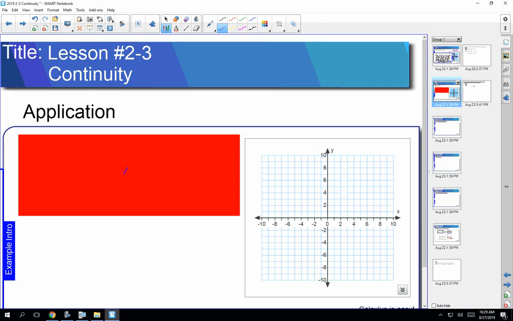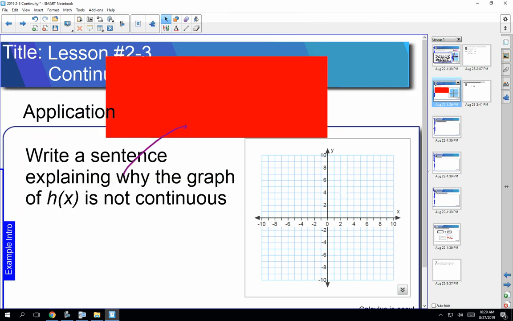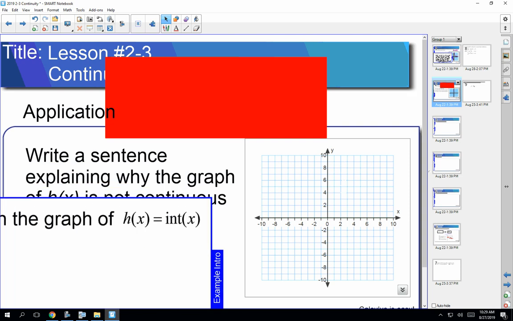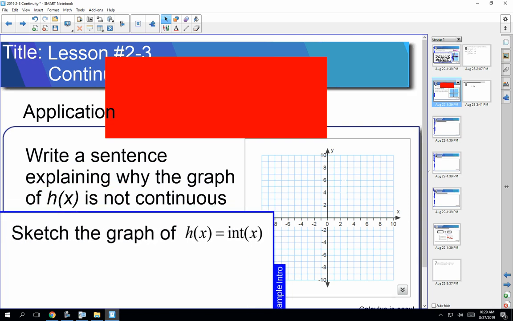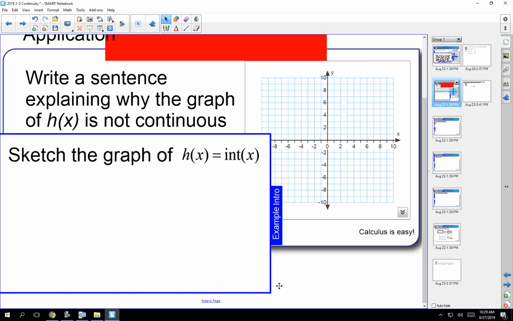All right. So here's an example here. Okay, this is our greatest integer function. You remember, do you think you could sketch this without drawing it on your calculator, or do it on your calculator first? Do you remember?